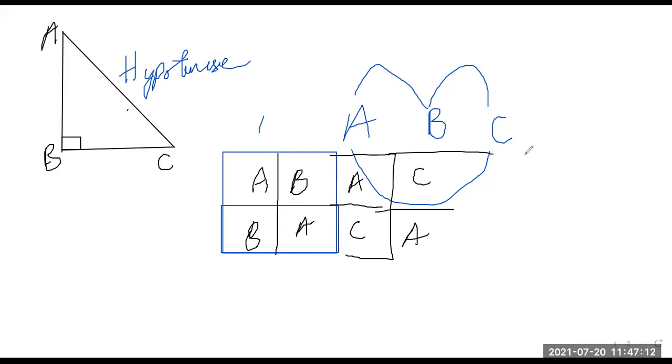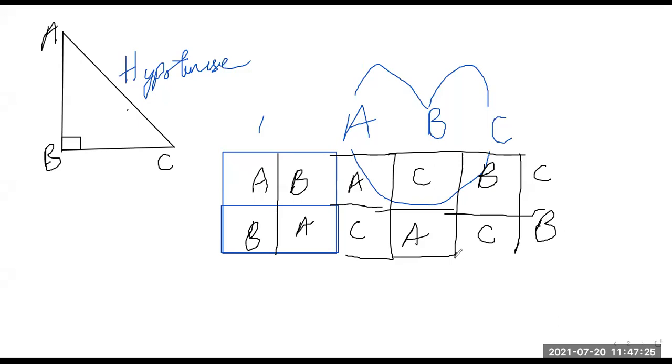Then B here and C here, and last C here and B here. कितने combinations हुए? So 6. 6 combinations are possible now.